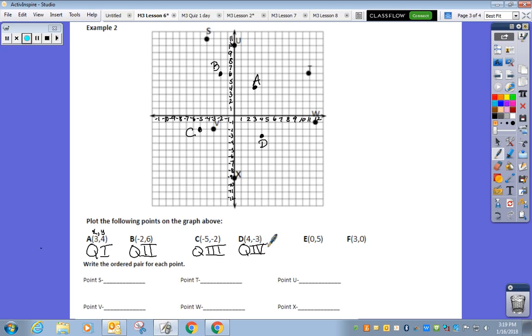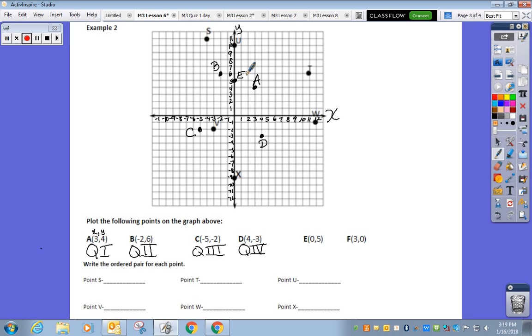Now the next two are a little different. They involve a 0. Anytime your ordered pair includes a 0, that means it's going to be on one of the axes. So don't forget we have our x and our y, which I should have labeled before. Point E is 0, 5. So what that means is I'm going to start at my origin, I'm not moving over any, and I'm going up to positive 5.